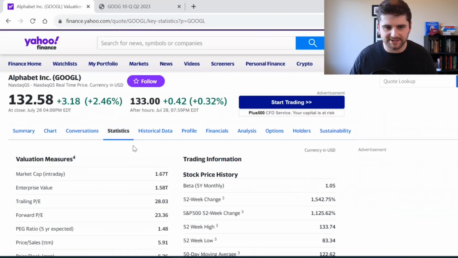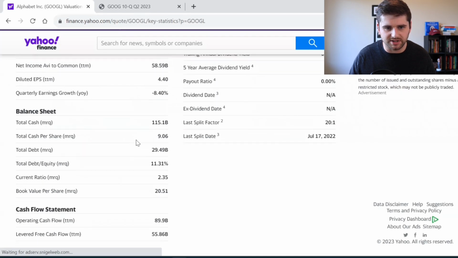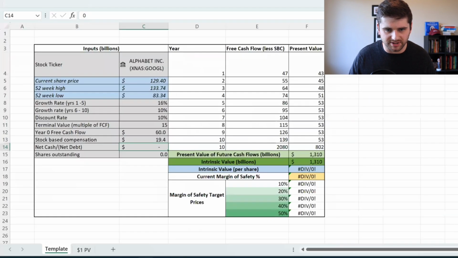If I go to statistics here and scroll down, I will see in the balance sheet section that Google currently has $115.1 billion in cash versus $29.49 billion in debt. So if I go back to my spreadsheet here, I can type in 115.1 billion in cash minus the 29.49 billion in debt. Gives me net cash of 85.6 billion. Now, if a company had more debt than cash, that would be a negative number.